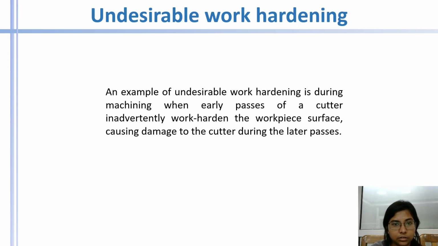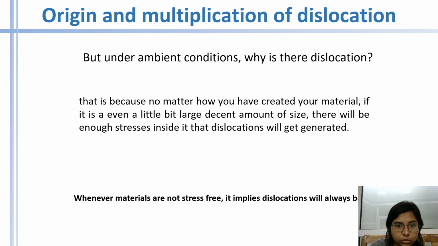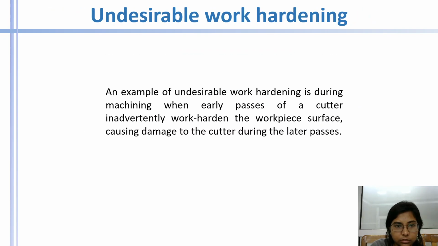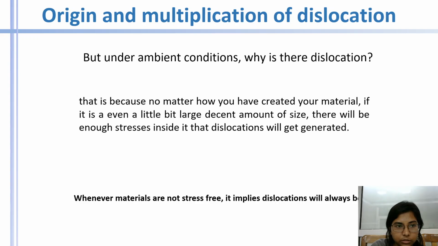Undesirable strain hardening. This part we will come to later. Work hardening, or strain hardening, means that this dislocation multiplication can lead to strain hardening. Here we are learning about the thermodynamics of dislocations.